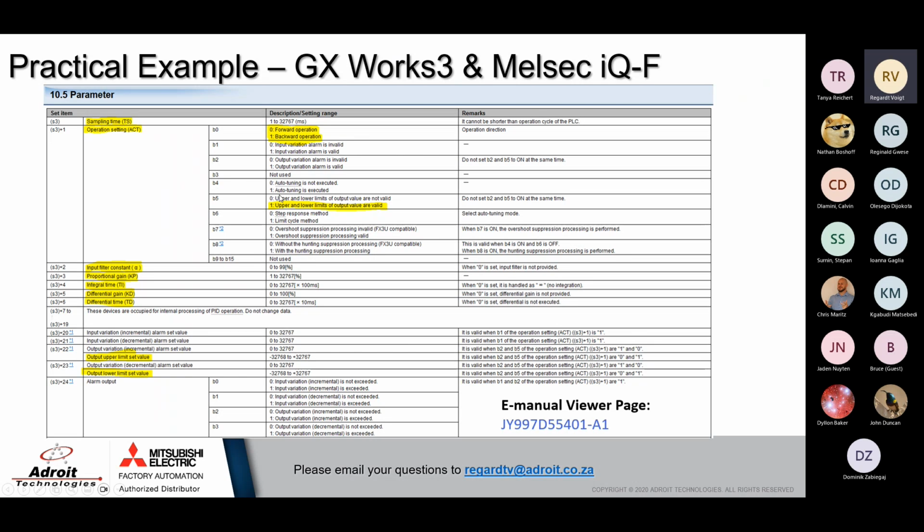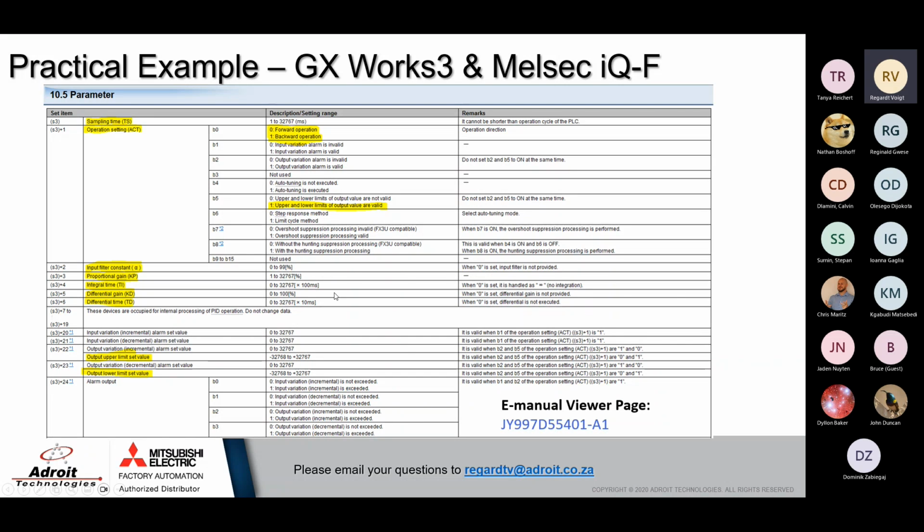The second bit will be your input alarms, your third bit will be your output alarms. Then your fourth bit is reserved. Your fifth bit, B4, will be auto tuning, which we'll discuss in the advanced, master PLC level, and so on and so forth.